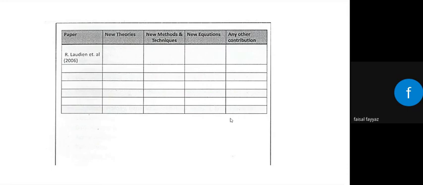Otherwise, if you are reviewing research papers manually and do not have any checklist, it will be difficult for you. The reason is that human beings have volatile, short-term memory, so we are unable to manage this.